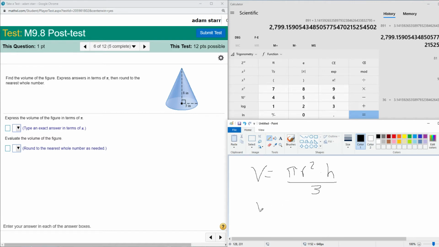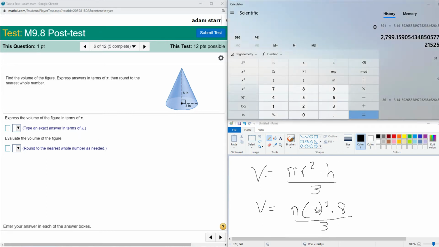So my volume is going to be pi times my radius, which is 3, squared, times my height, which is 8, and then we're going to divide that by 3. Again, I'm leaving in terms of pi to start to find the exact. So I have 3 squared, 3 times 3, times my height of 8, so I get 72, and then I'm going to divide it by 3.